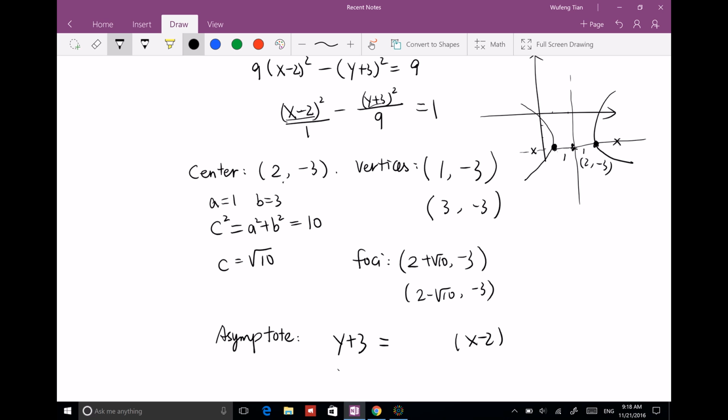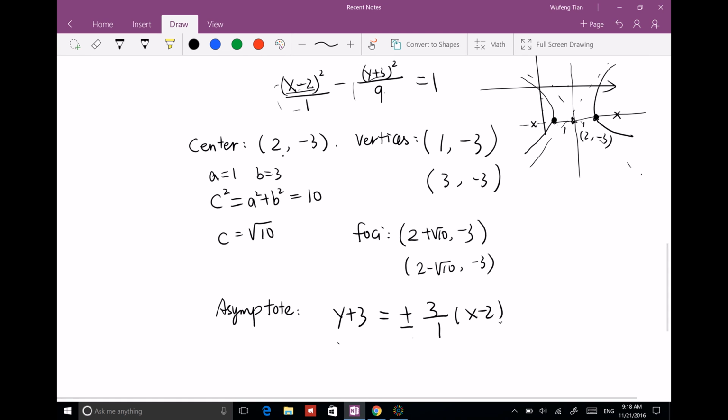Bring to here, bring to here. Now, y values, positive, negative. You have two asymptotes, right? The y value corresponds to b, which is 3. The corresponding x value is 1. Does that make sense, Lacey? Yes? Okay, very good. So that's the asymptote.